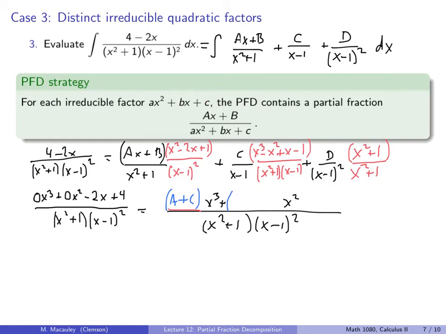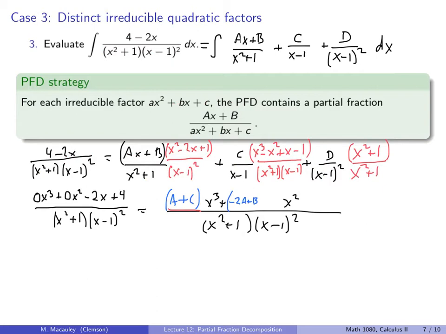So just in this fraction we have a times negative 2. So ax times negative 2x, and we have a b times x squared. So that's going to be negative 2a plus b.